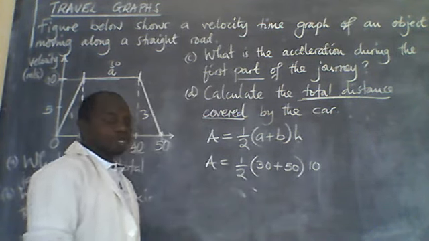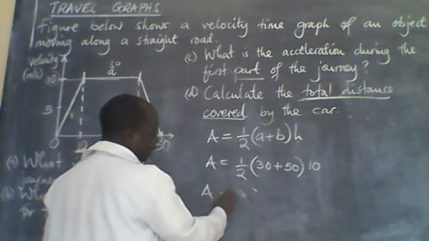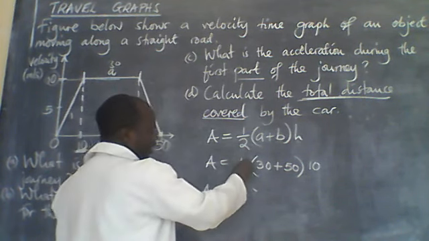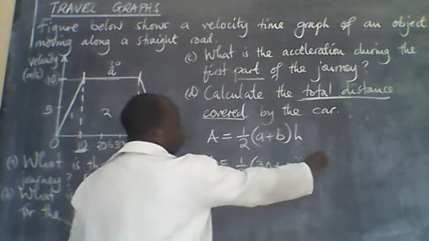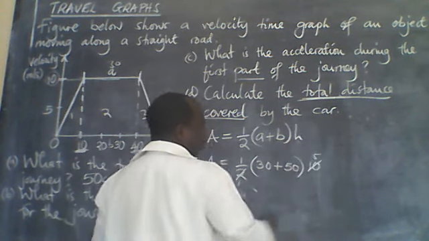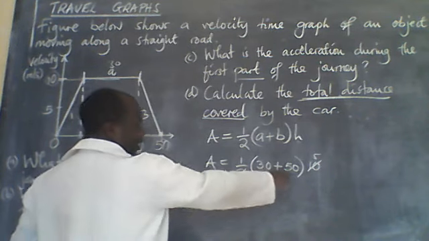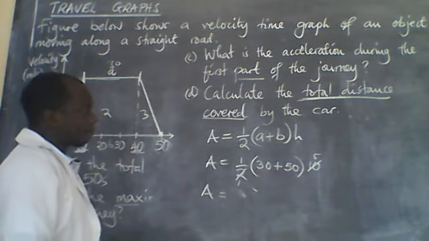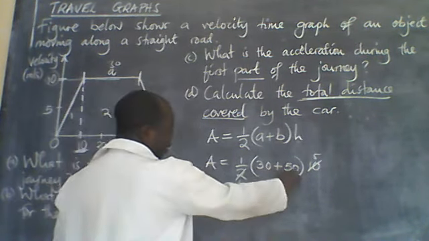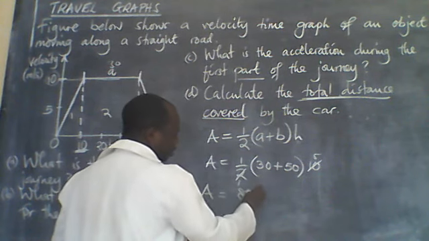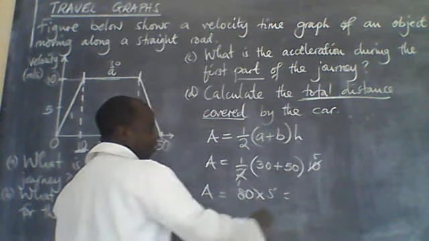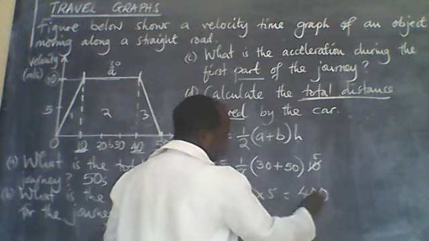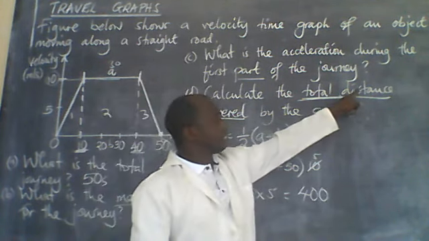Then we can do the mathematics behind this. So I can reduce this half, which is 2 into 2, 1. 2 into 10 gives me 5. Then I can add these two in brackets here. I'm going to have 80. So I'll say 80 times 5. And this will give me 400. Okay? So now we are talking about what? Distance here.